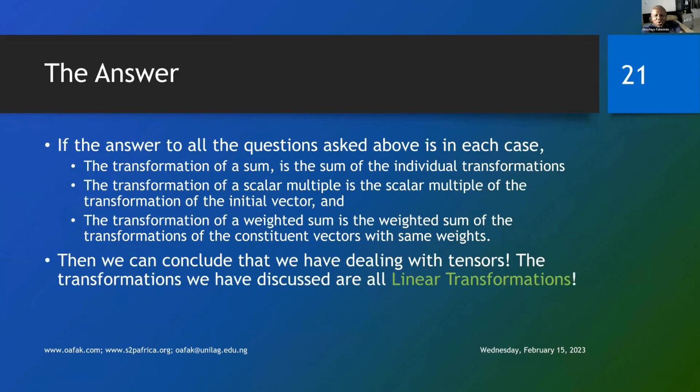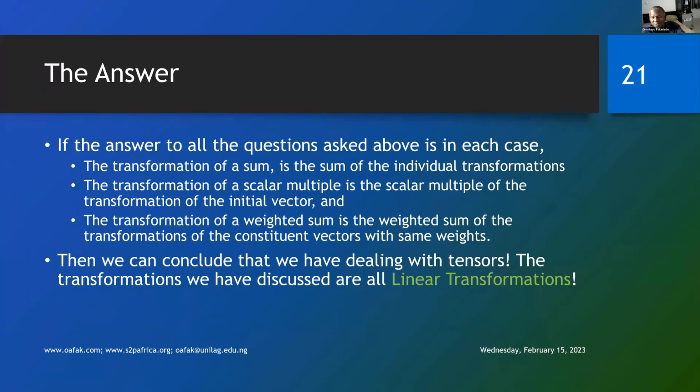If the answer to all the questions asked above is, in each case, that the transformation of a sum is the sum of the individual transformations, that the transformation of a scalar multiple is a scalar multiple of the transformation of the initial vector, and that the transformation of a weighted sum is the weighted sum of the constituent vectors with the same weights, then we can conclude we are dealing with tensors, because what is being transformed here are vectors.